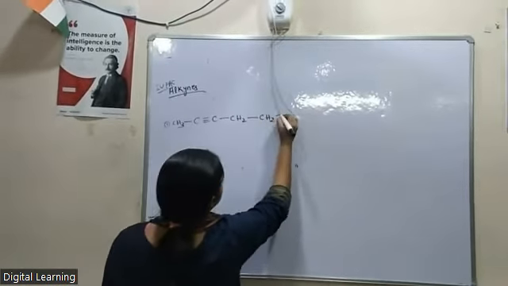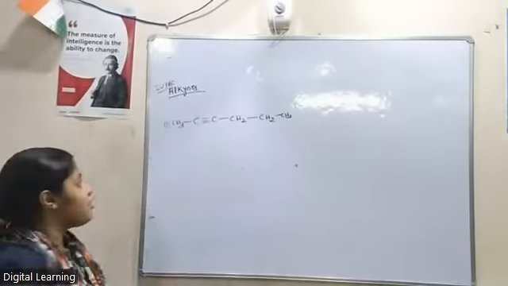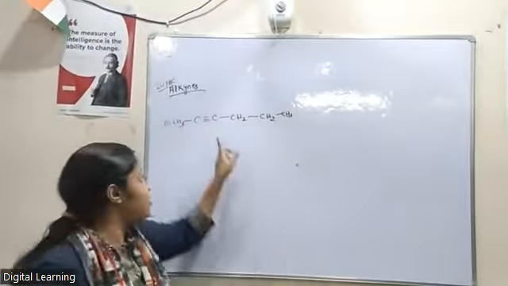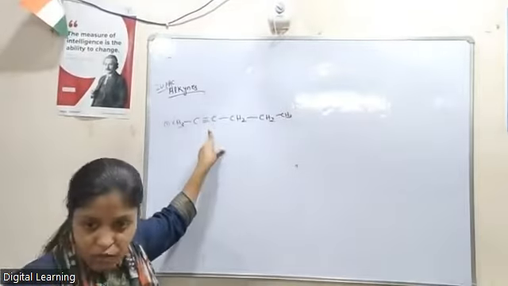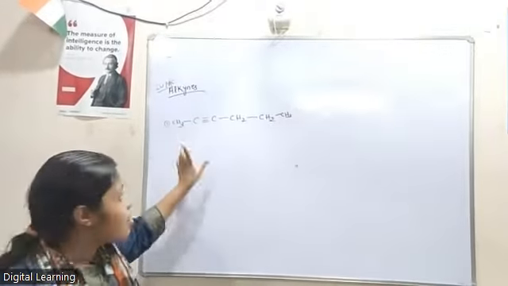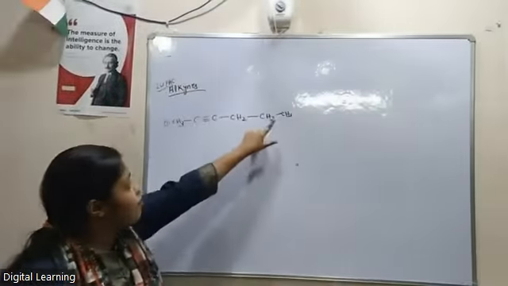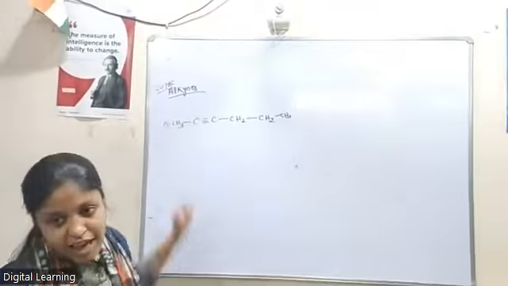So this is an organic compound which contains carbon-carbon triple bond. So here there is no substituent, so it is a simple or straight carbon chain. Now this is the carbon chain containing 1, 2, 3, 4, 5, 6 carbon atoms.